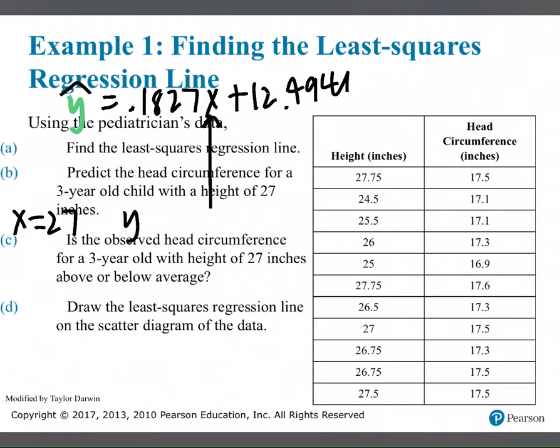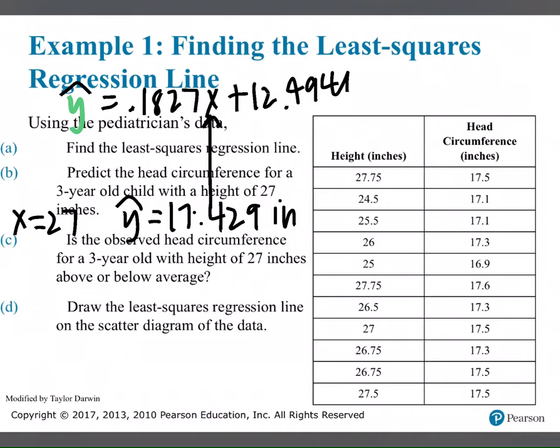And for my y hat, I would get 17.429 inches. So when I have a kid who's 27 inches tall, I expect them to have a head circumference of about 17.429.